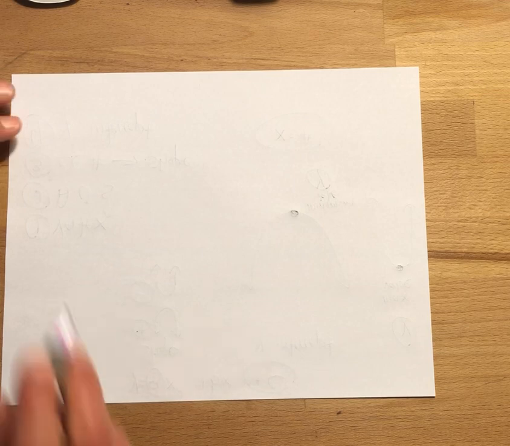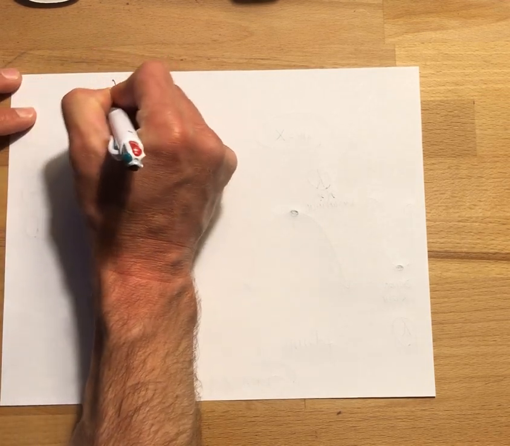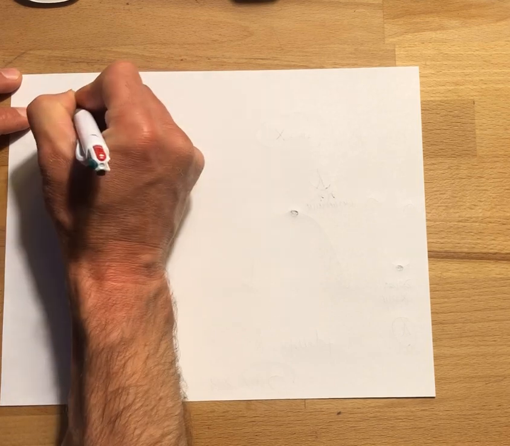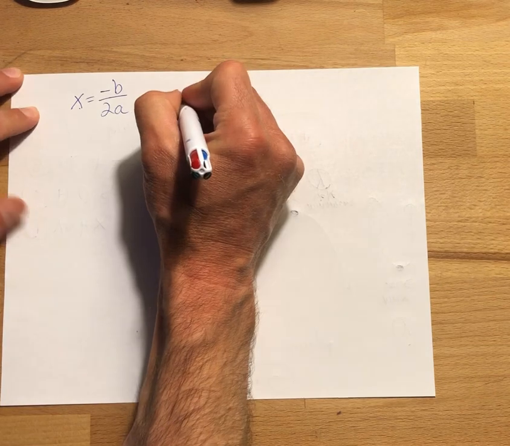In the next part of the notes, it talks about graphing a quadratic in standard form. There is something called a negative b over 2a point. And this is how you find your x coordinate for your vertex.